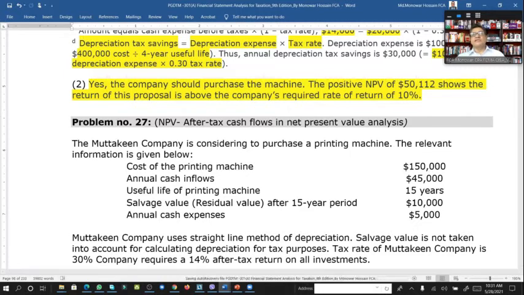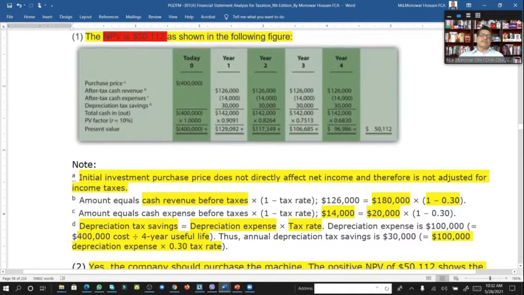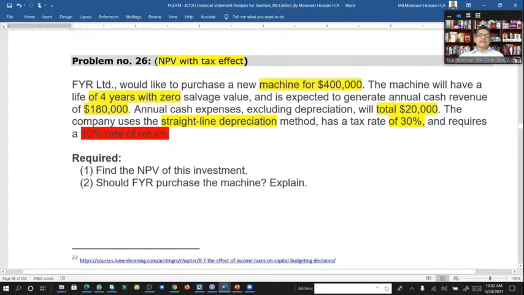Because the positive NPV of 50,112 shows the return of this proposal is above the company's required rate of return of 10%. Based on the required rate of return of 10%, the net present value is positive 50,112, so the company should accept this project. So this is one net present value calculation.